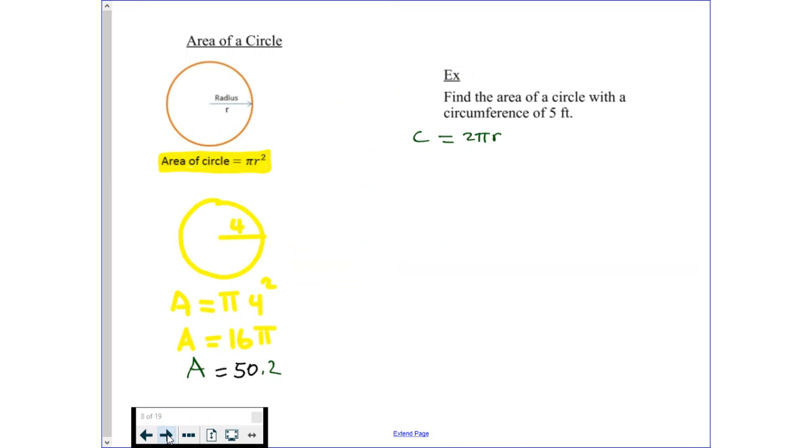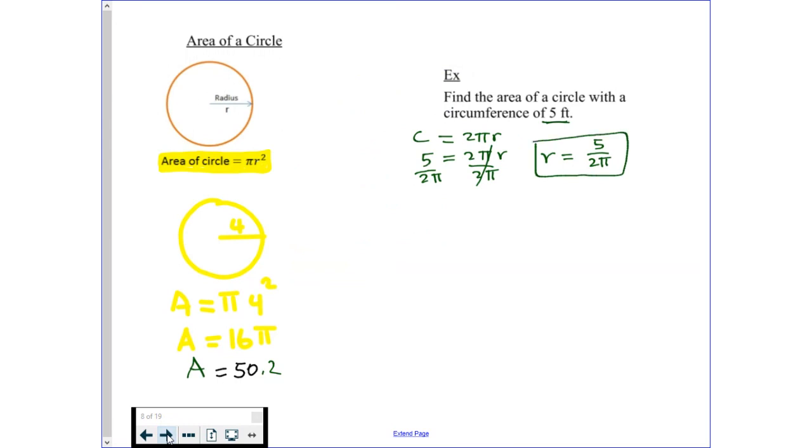So what you have to do is use the formula for circumference, which in this case is 5. So I will use 5 equals 2 pi r, so I can find r. If you divide both sides by 2 pi, that's r. That means r is 5 over 2 pi.